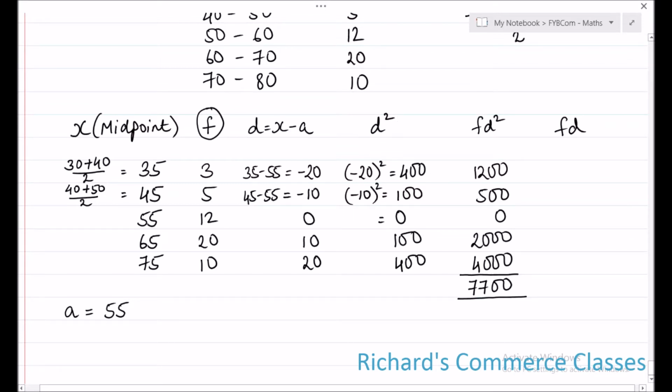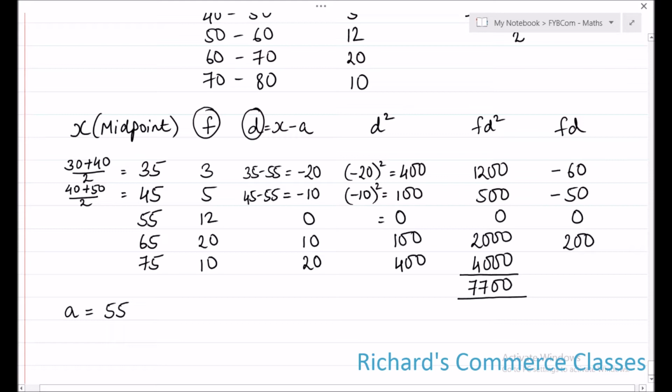Now to calculate the last column, that is f into d, we will multiply f and d, which is the second and third column. So multiplying, it will be 3 into minus 20, which is minus 60. 5 into minus 10, which is minus 50. 12 into 0 is 0. 20 into 10, 200.